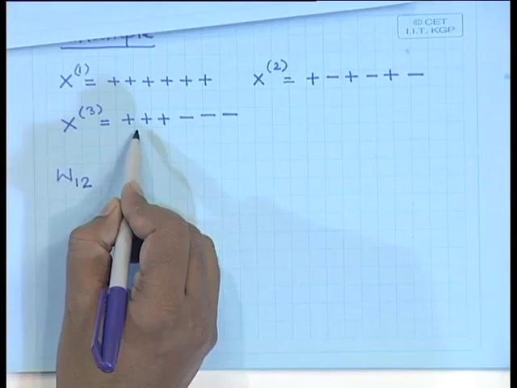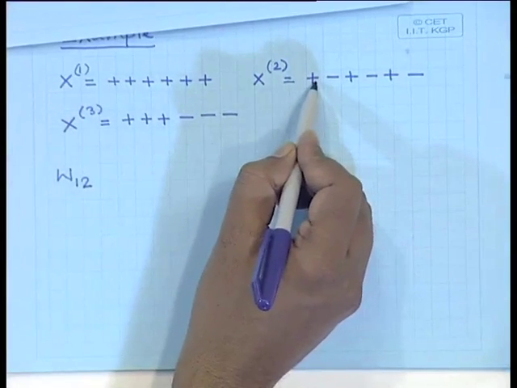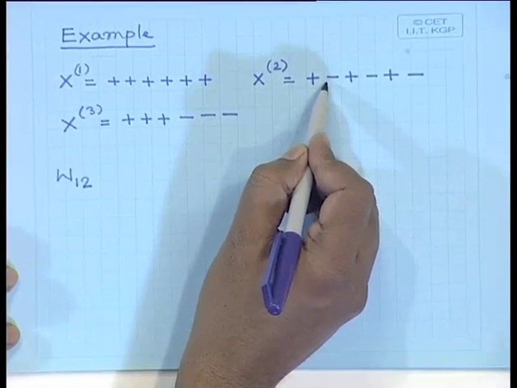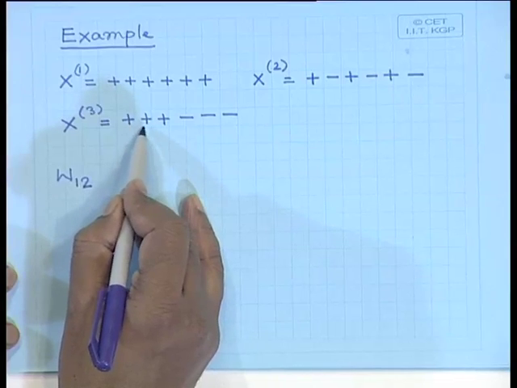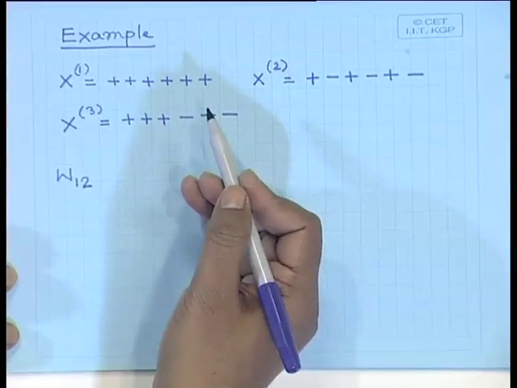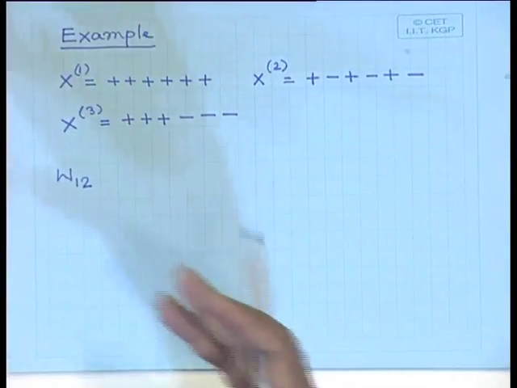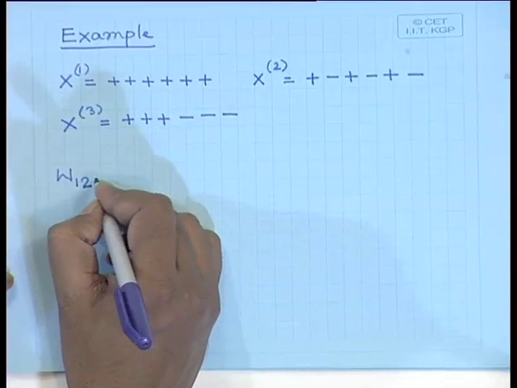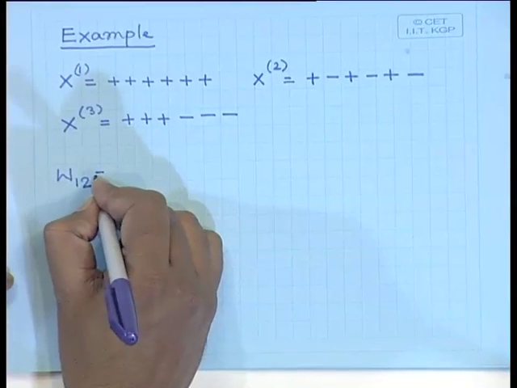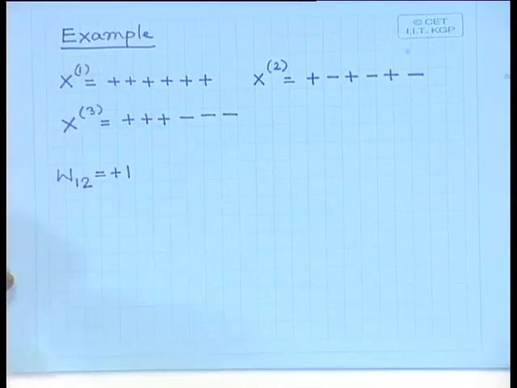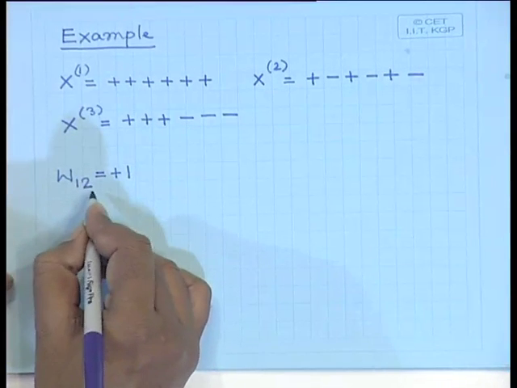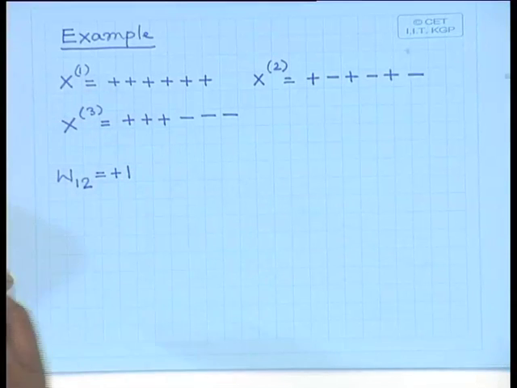So, I get product to be positive. Coming to the second one, one bit is positive, the other bit is negative. So, it will be minus 1. Coming to the third one, both of them are positive. So, I will get plus 1. Now, when I sum over all these 3 patterns for p varying from 1 to 3, my result will be equal to 1. So, this W12 will be equal to plus 1. Okay. Similarly, W12 will be same as W21, that you can easily verify.